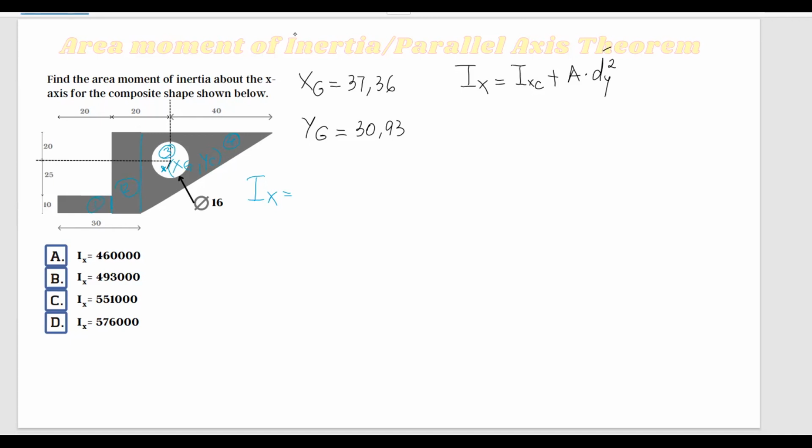Okay, so Ix, the area moment of inertia of this composite shape, is going to be equal to, we'll start with shape number 1.